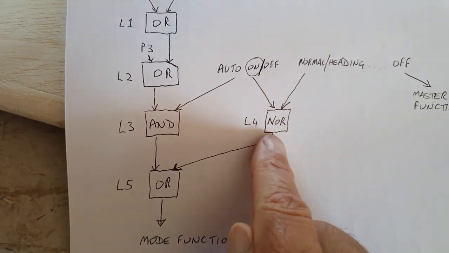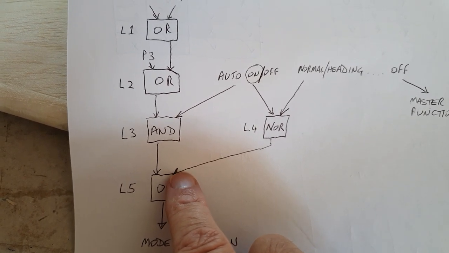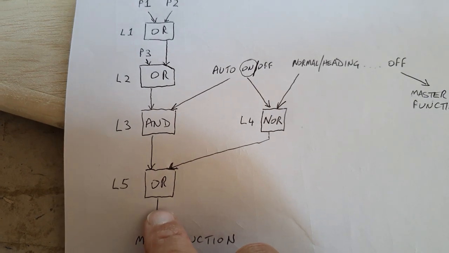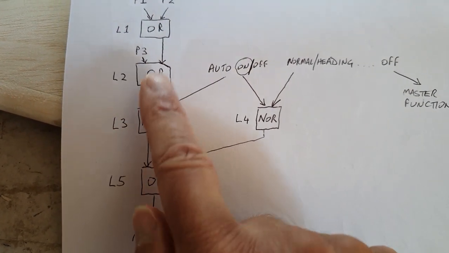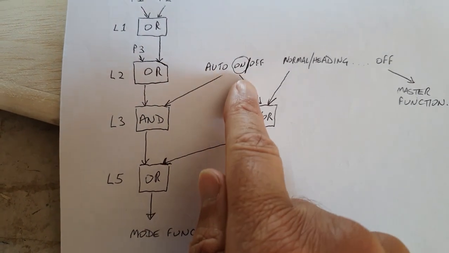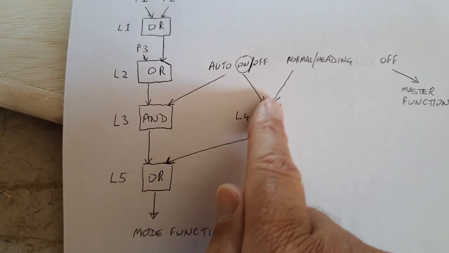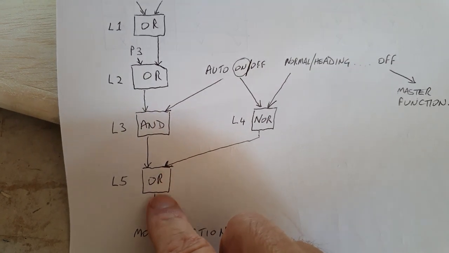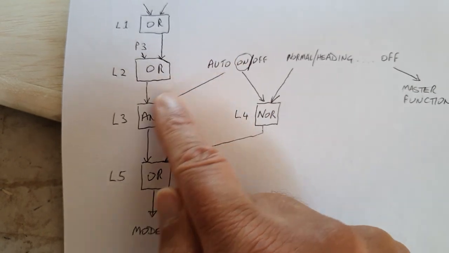If that one's on, the output must be on, but it reverses it here and becomes an off, so that if this is off, the output here will be off. If that goes on, because you've switched on here, the output here will go on. However, when you switch that off, the output here will depend on this. So it can toggle this, that can toggle the output here, because that will be locked in the off position.